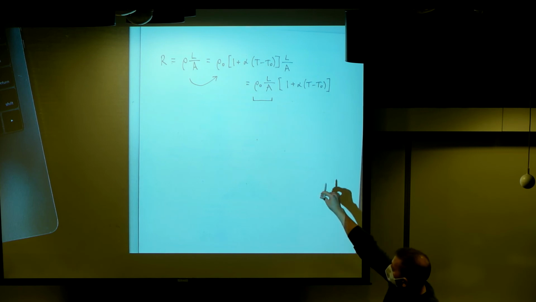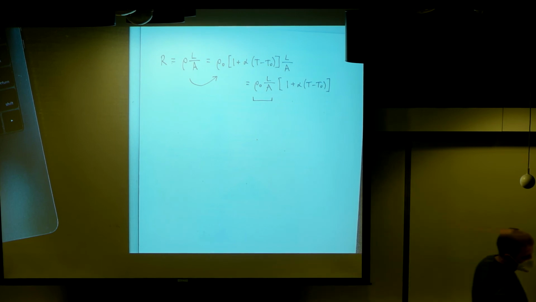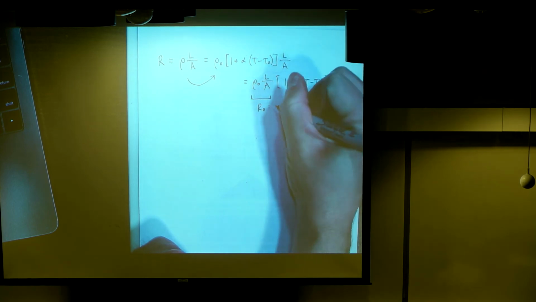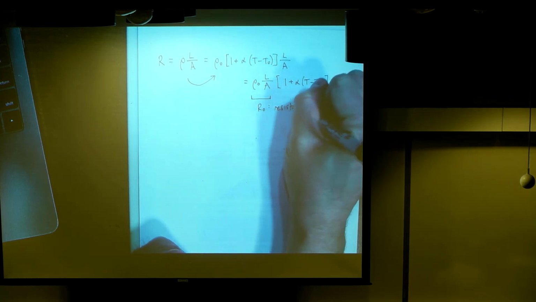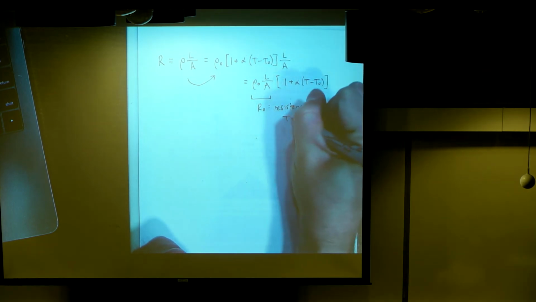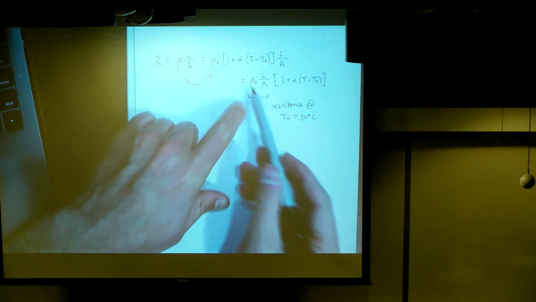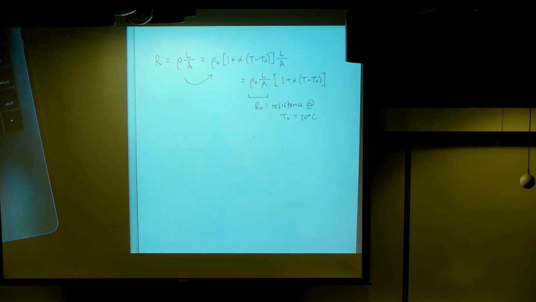That's the resistivity at 20 degrees Celsius times the length of the filament divided by the area of the filament. Well, that's what we could call R naught, the resistance at temperature 20 degrees Celsius. So this whole thing in front is our resistance at 20 degrees Celsius.